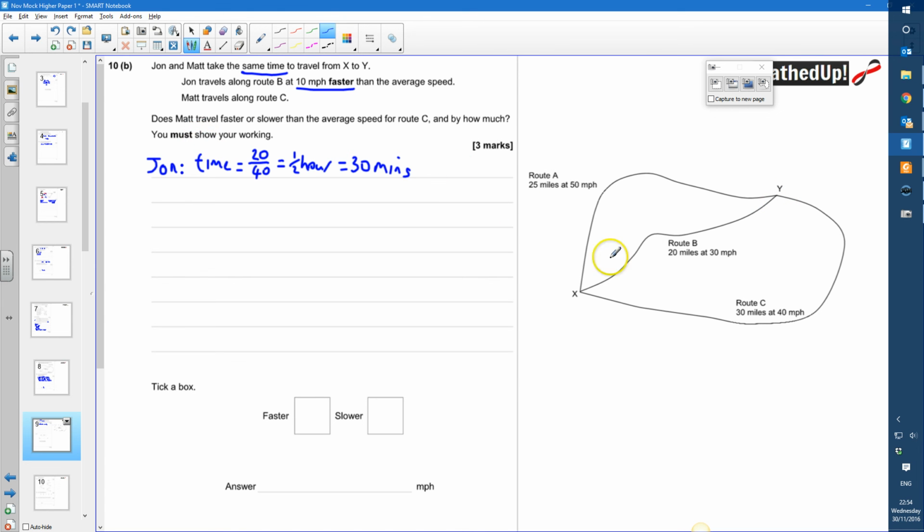Okay, so if it takes Matt 30 minutes to travel 30 miles, then he must be going 60 miles per hour.